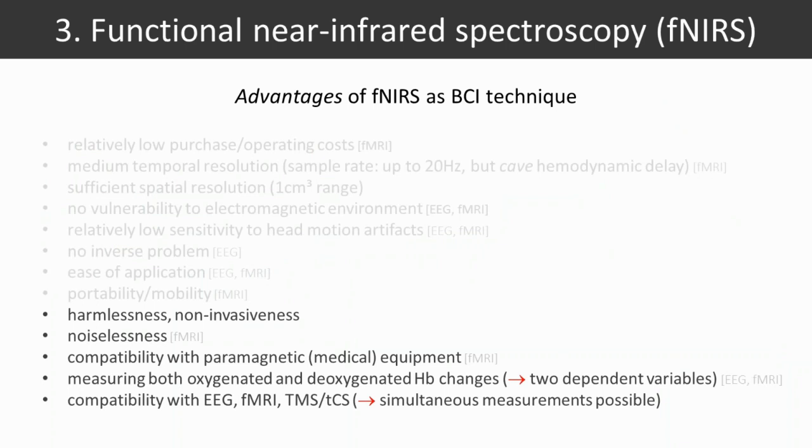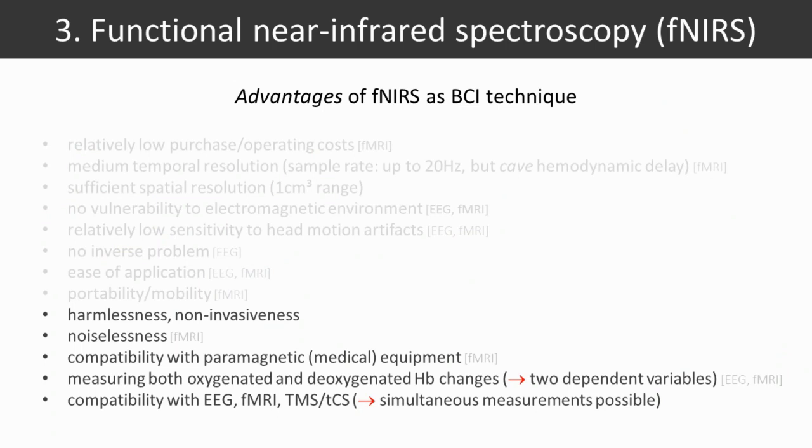Let's continue. Generally the technique is harmless, non-invasive and noiseless, you know, unlike fMRI with a lot of scanner noise. And what we also have is a compatibility with paramagnetic medical equipment. So there are not too many exclusion criteria, if at all. So this is really great for finding a high application range.